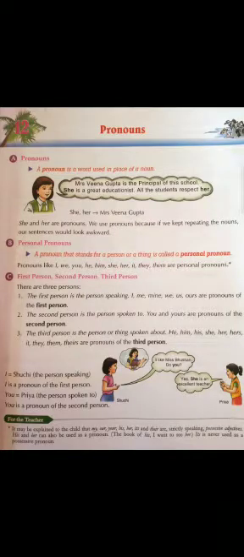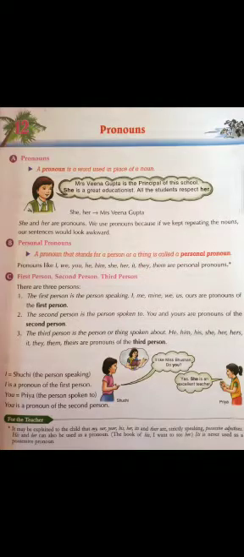The second person is the one which is spoken to. You, yours are the pronouns of the second person. First person is what? Me, I, us. Second person is the person to whom you are speaking with. So you and yours are second person pronouns.